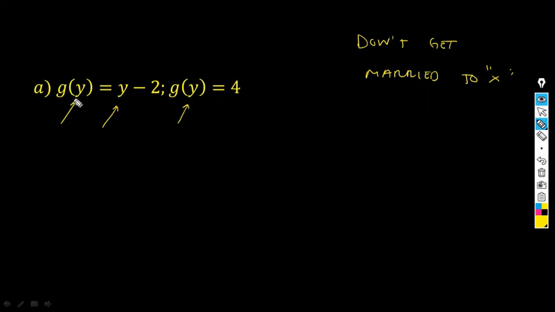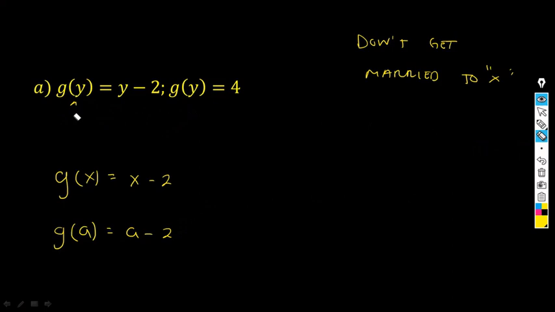When I say g of y equals y minus 2, I'm basically saying the same as g of x equals x minus 2, or g of a equals a minus 2. You have to understand the following: the variables are just dummies.